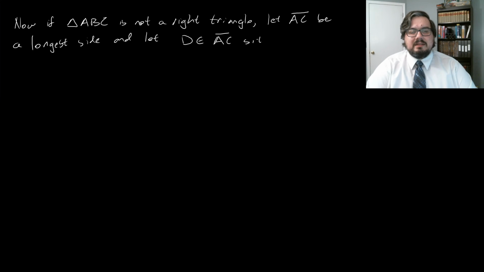Now, if triangle ABC is not a right triangle, let AC be a longest side, relabeling if necessary, and let D be in the segment AC such that the line BD is perpendicular to the line AC.